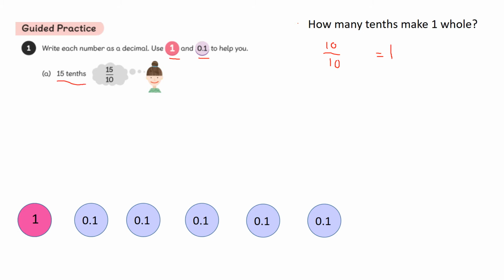So the number that we have to be working on is 15 tenths. How am I going to first of all draw that in counters, and how am I going to write that number as a decimal? Now some of you might look at this and think, right, I might just partition it. I know that 1 actually represents 10 tenths, and then I'm going to have 5 tenths left over.